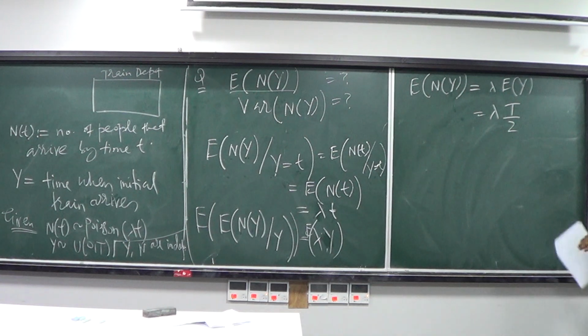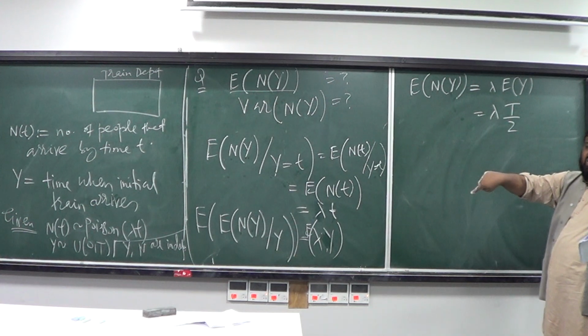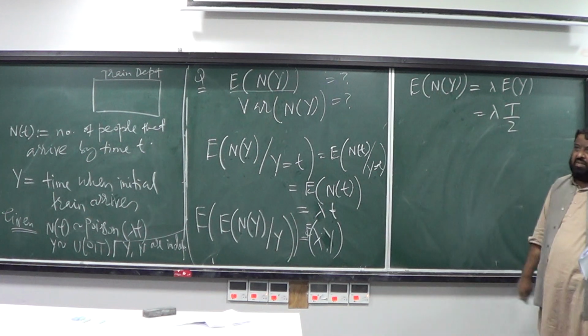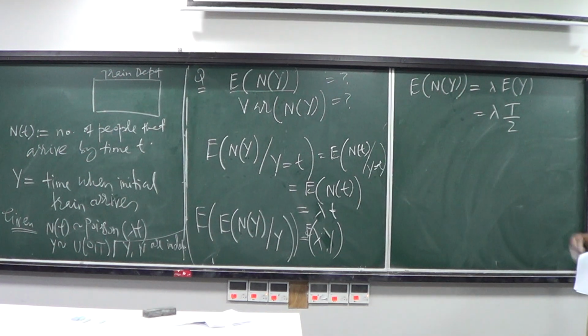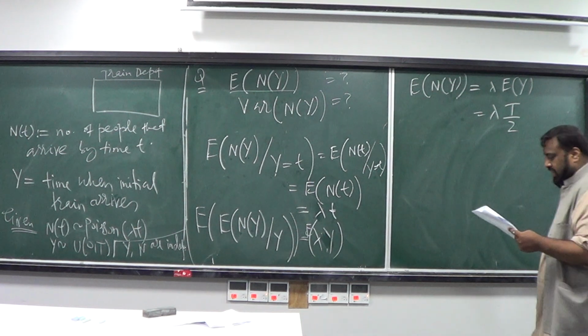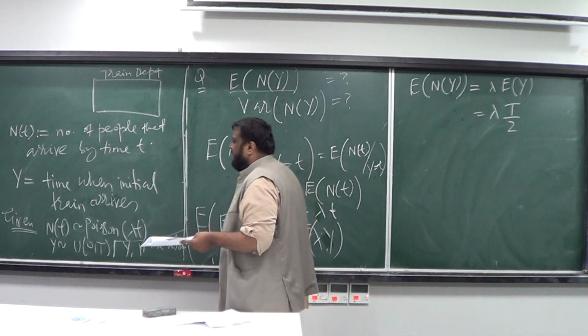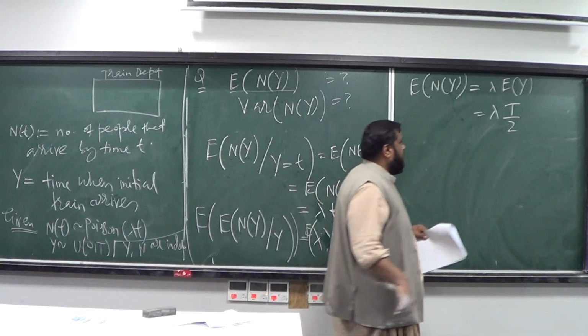It depends on the time interval in which the train arrives, and it depends on lambda, the frequency of the people that arrive at the station. Okay, so this is what we have.